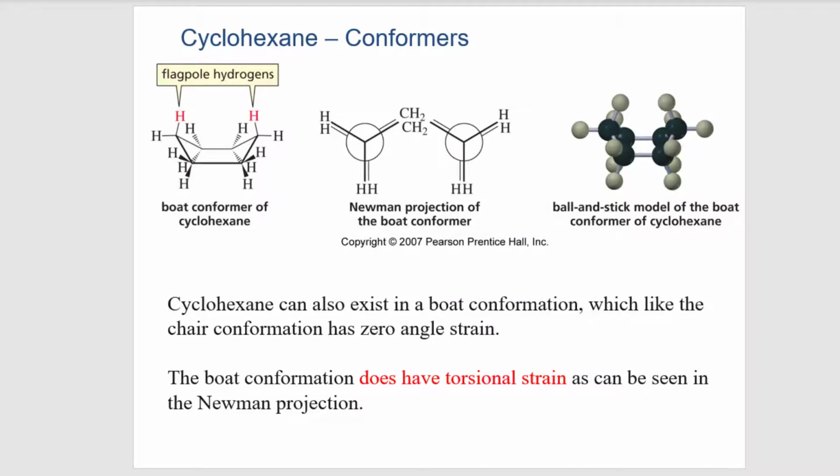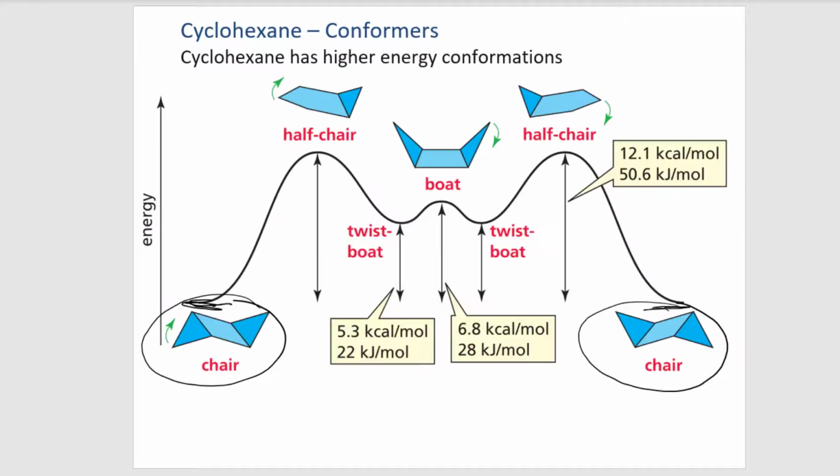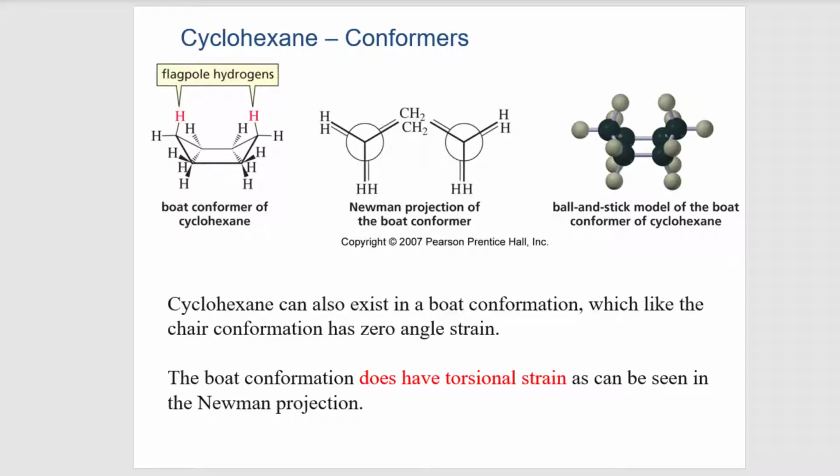The boat conformer doesn't have any ring strain, but if I do a Newman projection of that boat conformer, which we saw before is higher in energy, you'll see that in the conformational analysis, with those 2 carbons, the forward carbon and the back carbon, they're both up. They're like on top of each other.